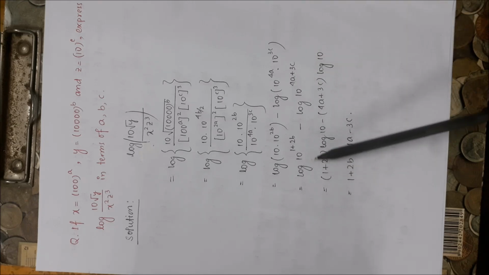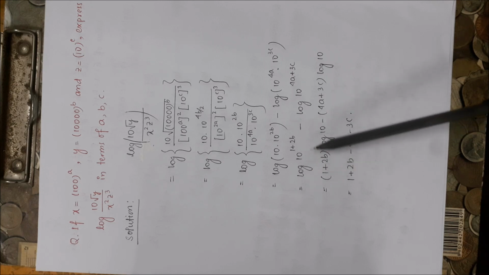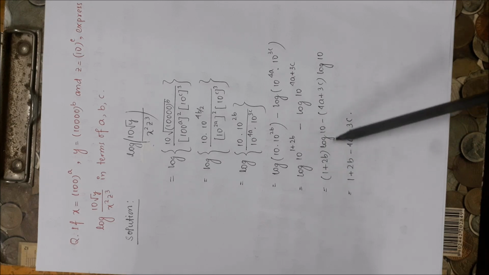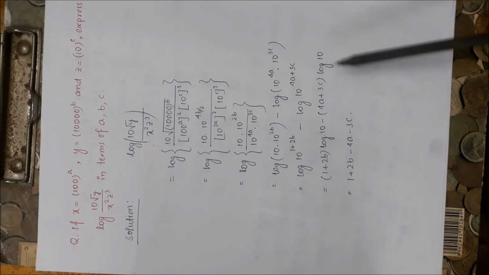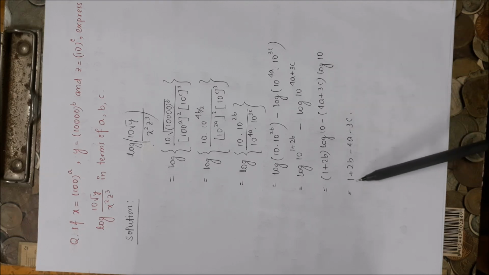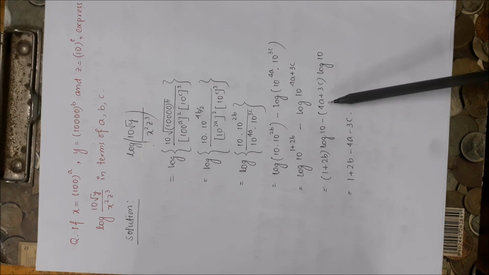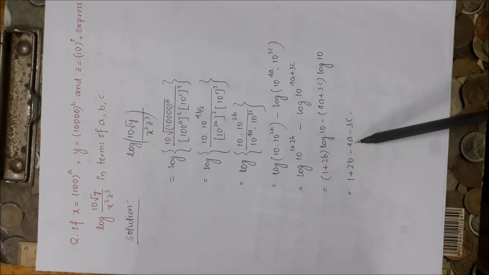Now if you use the power law of log, you'll get 1 plus 2b into log 10 minus 4a plus 3c into log 10. Log 10 equals 1, so you'll get 1 plus 2b minus of 4a plus 3c, that is minus 4a minus 3c.